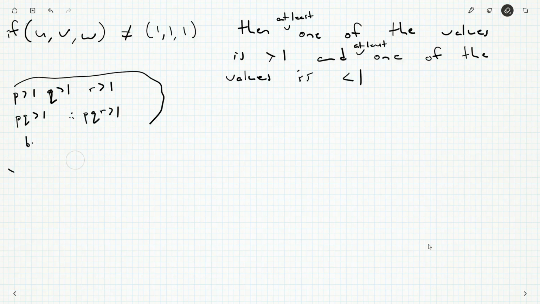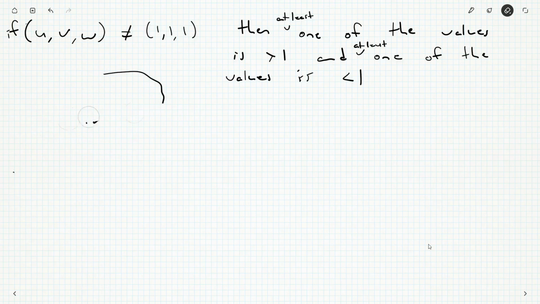So it's not so much of a stretch to say, well, one of these values has to be greater than 1, another one has to be less than 1. You could have two values be less than 1, but you can't have all three be less than 1, because you can't have a product of numbers less than 1 being actually equal to 1, as long as they're positive.